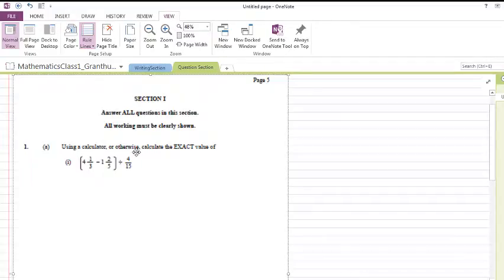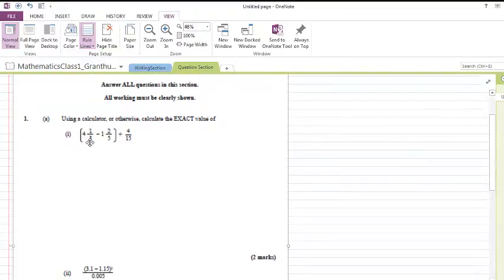This question starts: using a calculator, or otherwise, calculate the exact value of 4 1/3 minus 1 2/5 divided by 4/15. That's a sum that I want us to work out.